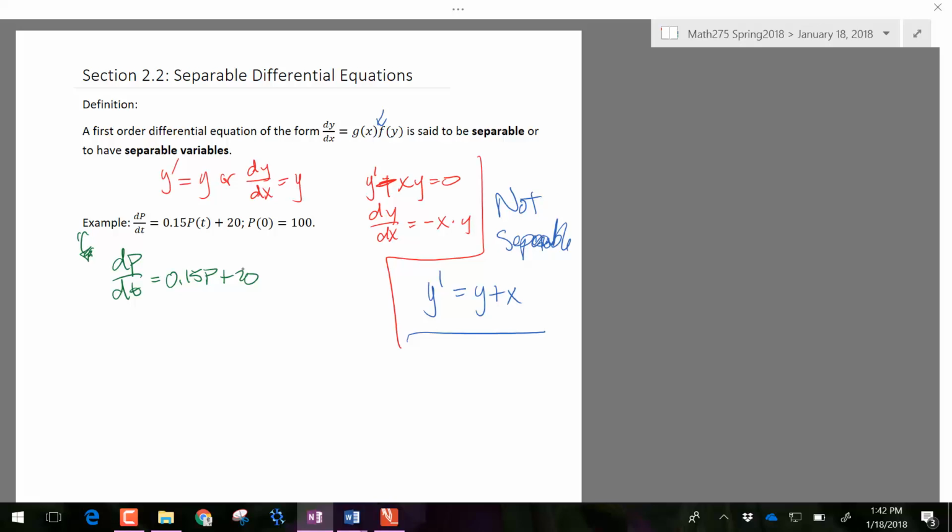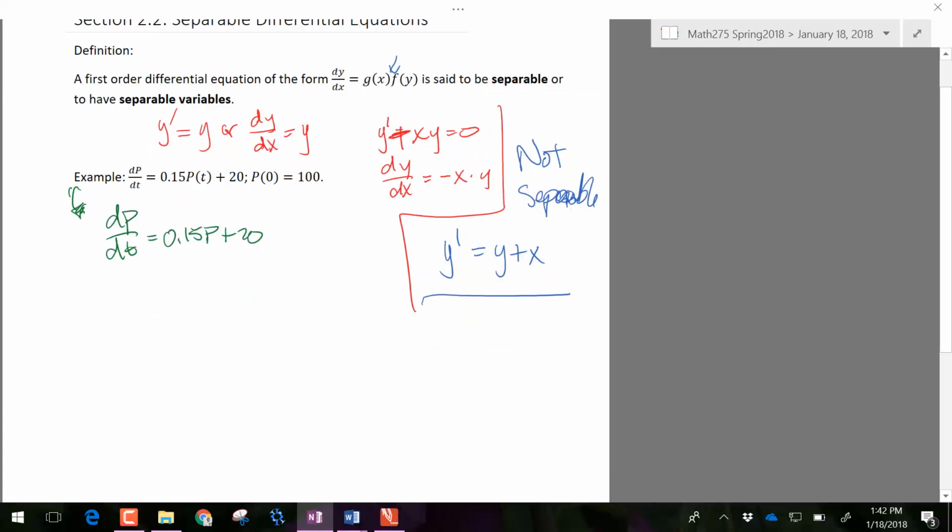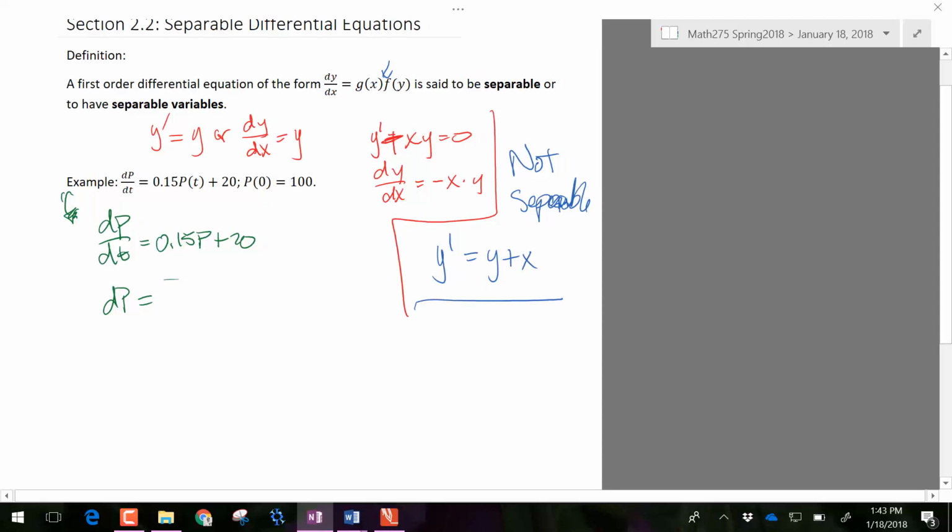And the idea behind the separable is to take your Leibniz notation and bring the d's to one side, the dP to one side, and the dt to the other side. So if I take this dP and bring everything with a P to one side, the left side, I probably need to divide.